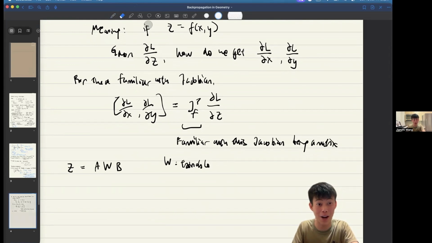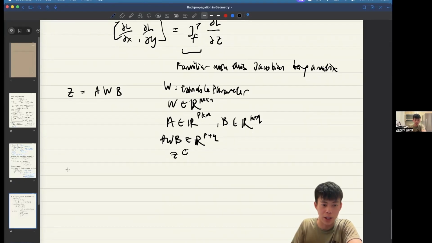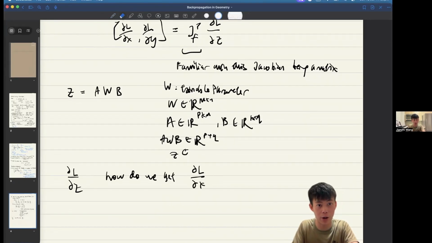Let's say W has shape R^(m by n), A has shape R^(p by m), and B has shape R^(m by q). So AWB will have shape p by q, which is precisely the shape of Z. The question is, given partial L partial Z, how do we get partial L partial W?